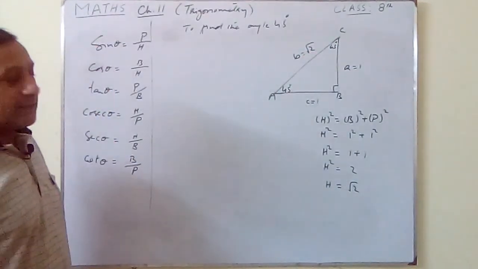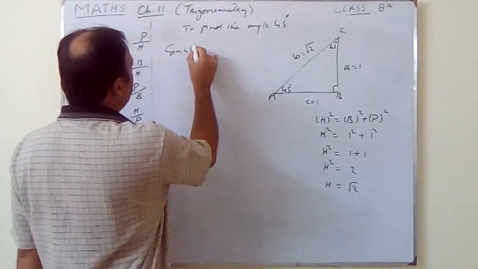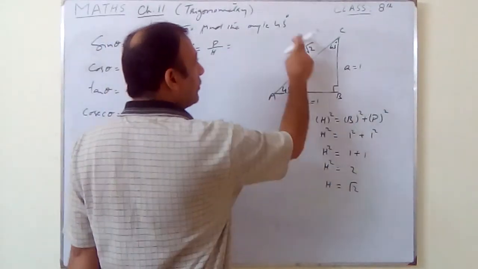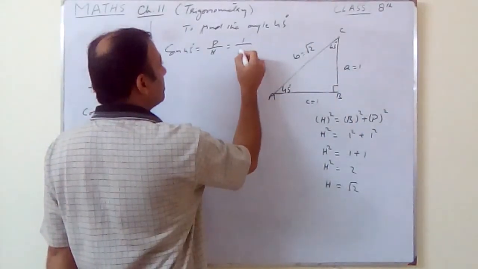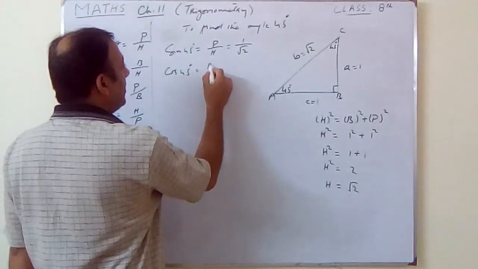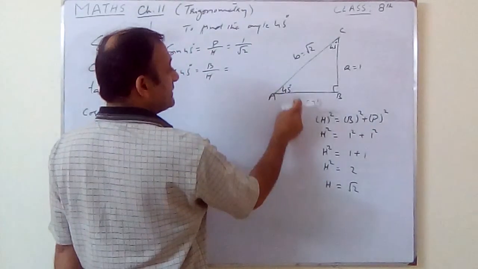So the rest of the method is the same. Sine 45 is equal to perpendicular over hypotenuse, that is 1 over square root of 2, and cos 45 is base divided by hypotenuse, 1 over square root of 2.